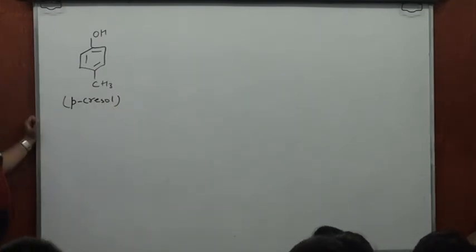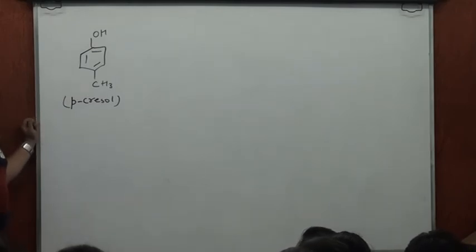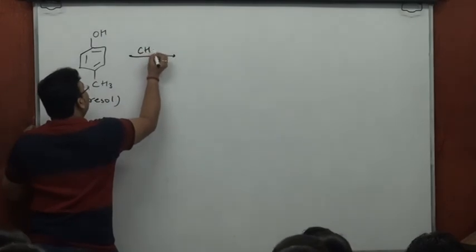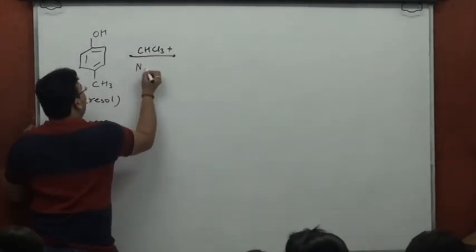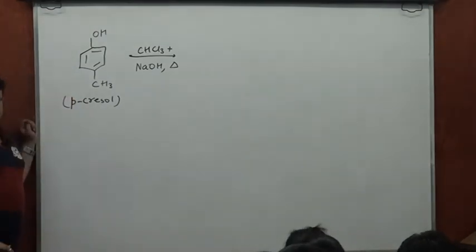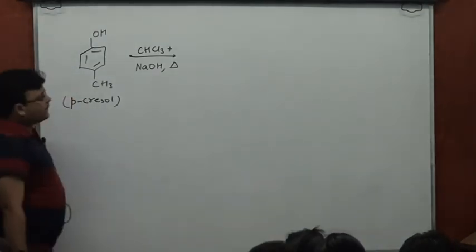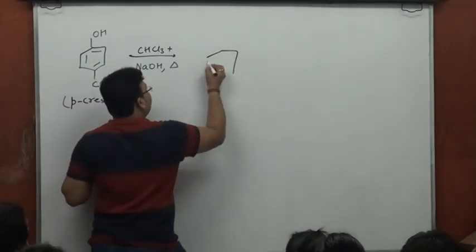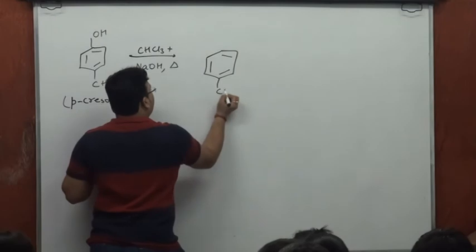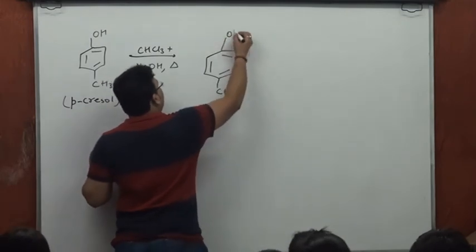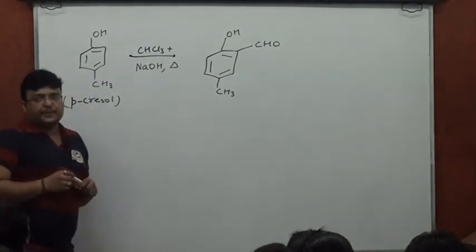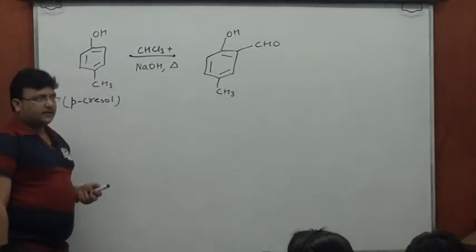Suppose I carry out Reimer-Tiemann over paracresol. So I treat it with CHCl3 and NaOH or KOH, heating effect. The products are, now this is as expected, ortho to OH you have a CHO group introduced, as expected.